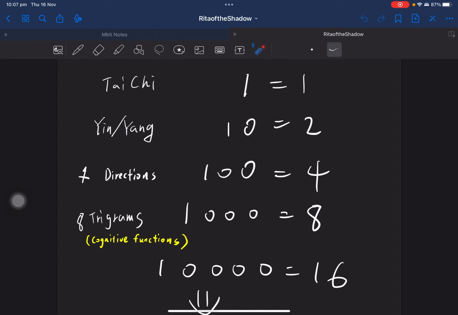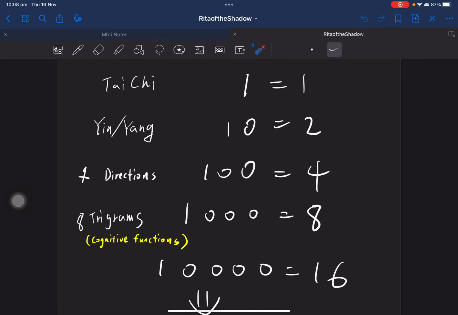Because, you know, you have 1 MBTI type, and then you have the introverted versus extroverted, and then you have your cognitive functions, you know, sensing, intuition, feeling, thinking, and then the 8 separate cognitive functions when you take the 2, and then you times the 4, and then you get the 8.